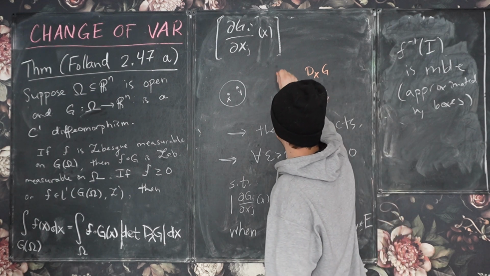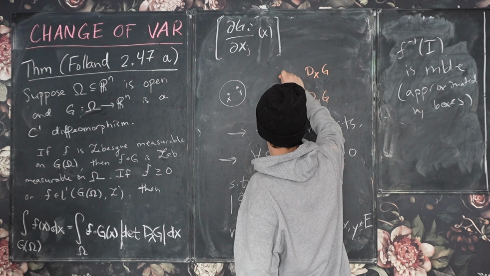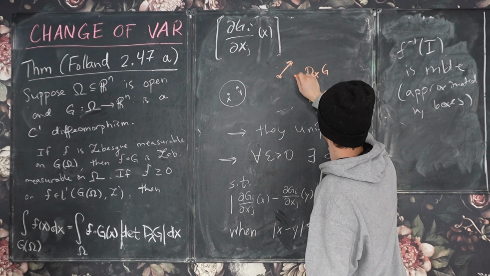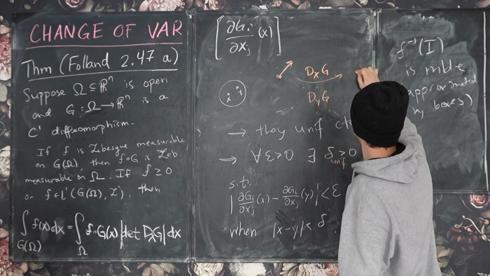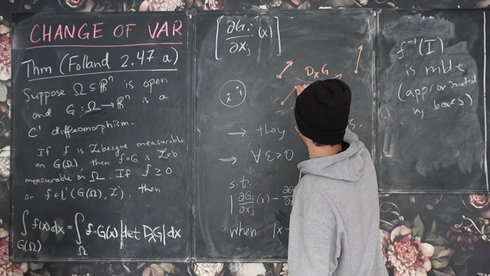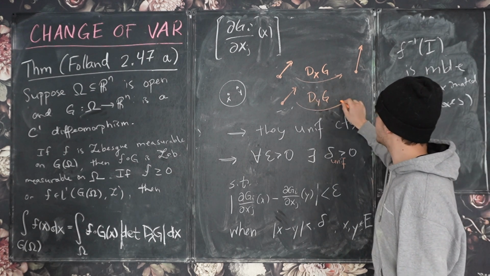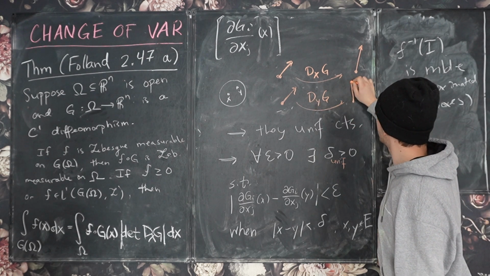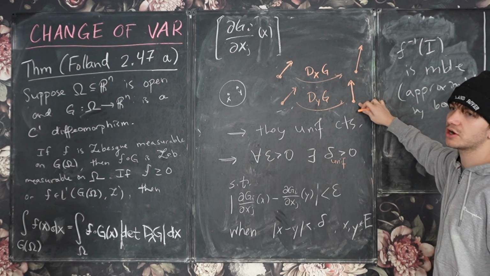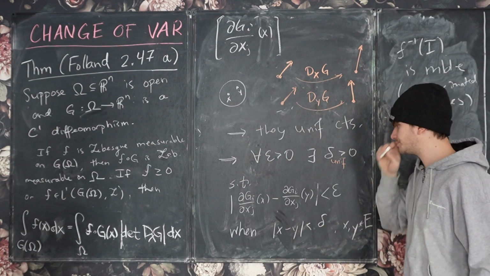Basically this matrix is going to take a vector in Rn and map it to a new vector. Now if I take the same vector in Rn and apply the other matrix, it's going to map it to a slightly different vector. And I want to understand how close these two vectors are, given x and y are within epsilon distance.